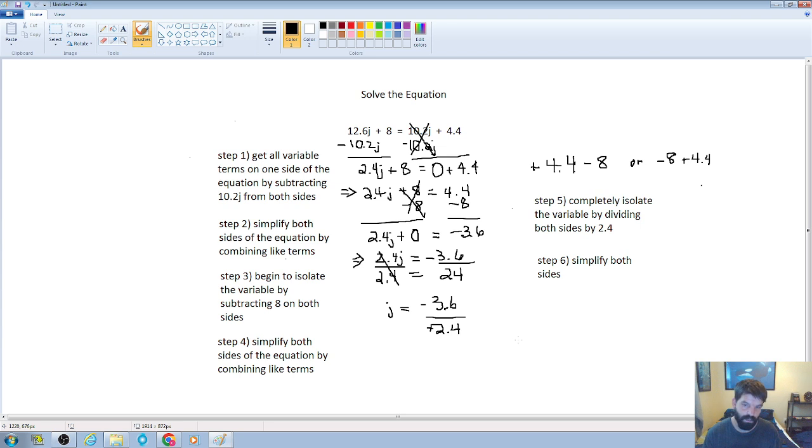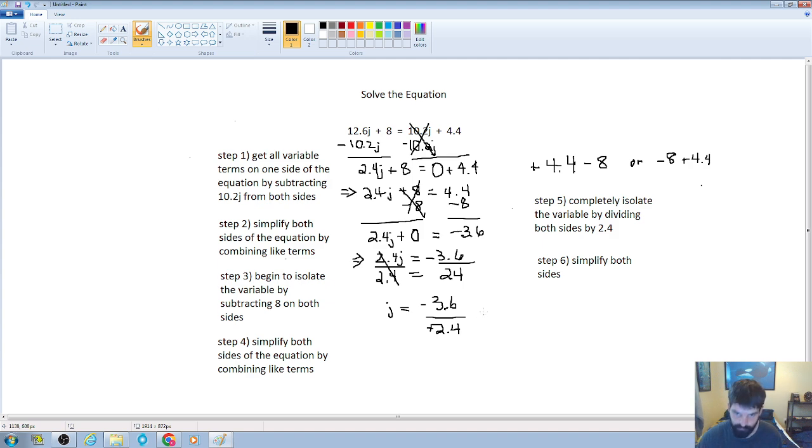So unfortunately, you would not likely see an answer like this in an answer pool if it was a multiple choice test, and you would likely get points off if you left it in this way, because more than likely the question will instruct you to solve it and give the final answer as a fraction or as a whole number. So when I say fraction, it's a ratio of 2 whole numbers.